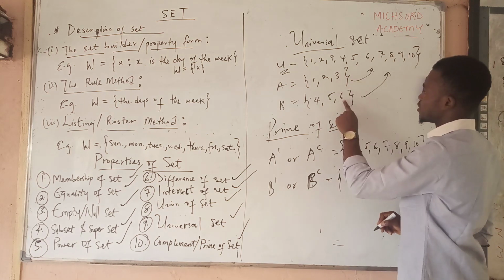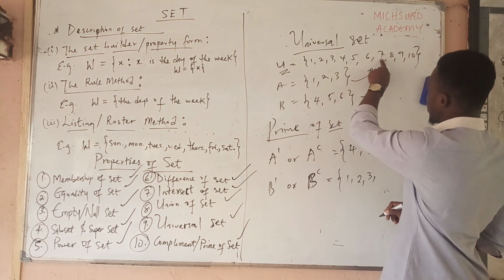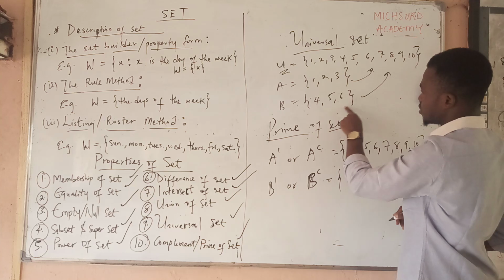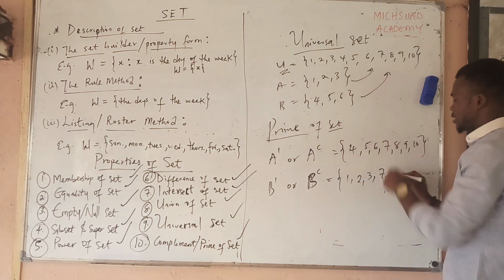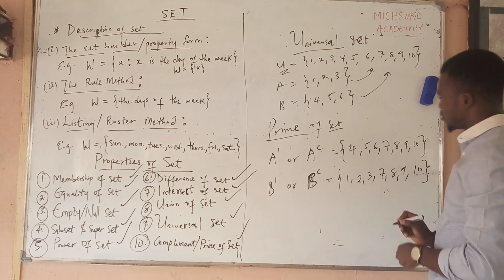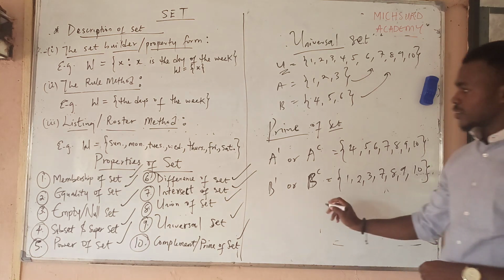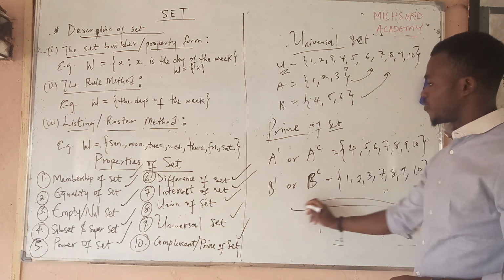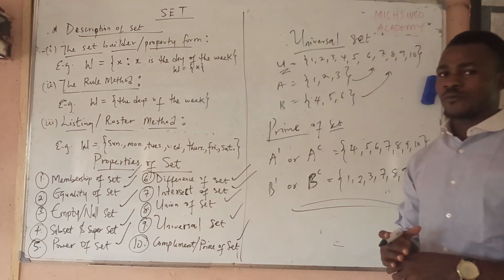We have 6 and 6 is also here. Here we have 7, so 7 is not in B. We have 8, 8 is not in B, 9 is not in B, and 10 is not in B. So this gives us the prime of a set, or the complement of a set.